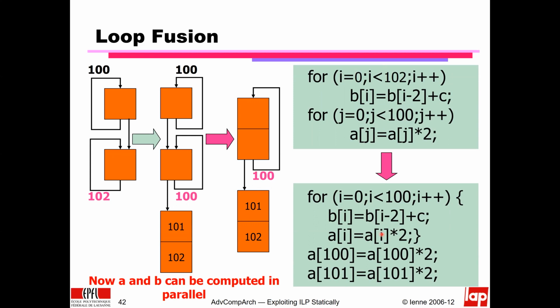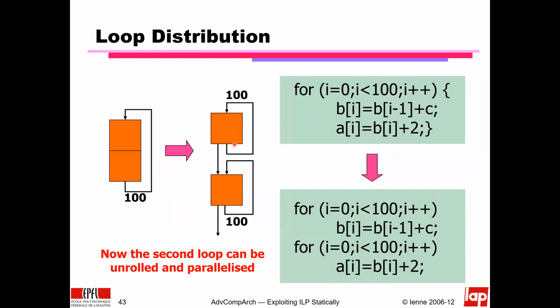And then again, you see this notion of making the basic block that is here at the body of the loop bigger, right? Instead of having two relatively little basic blocks and two loops that are characterized by these small kernels, you have a larger kernel with more potential for parallelism. So there are a lot of games of that sort.